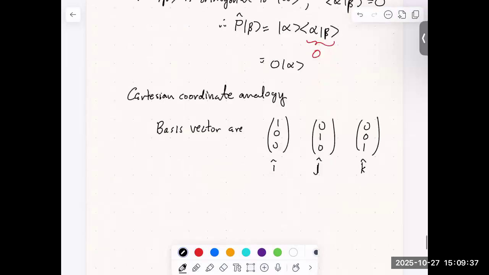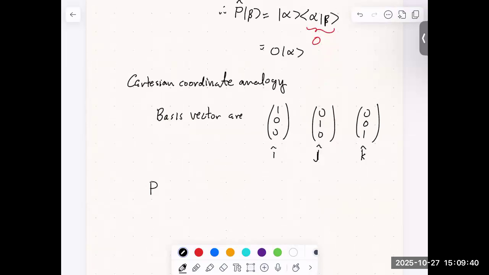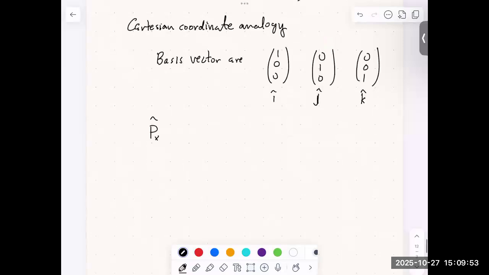Okay, so if I was to try to construct the projection operator for the x-axis, I'm going to do that with the i hat basis vector. And so it would look something like this. This is the column vector, exactly this thing, and then this is the row version of it. So this would correspond to 1, 0, 0, 1, 0, 0.